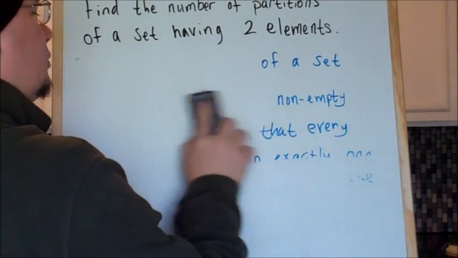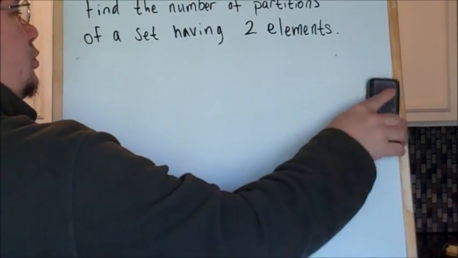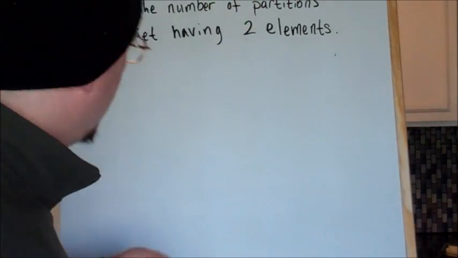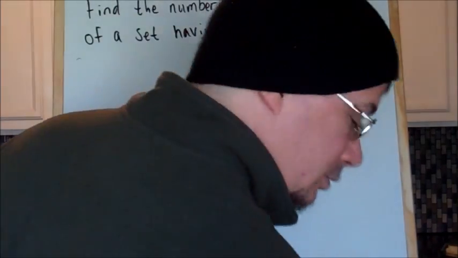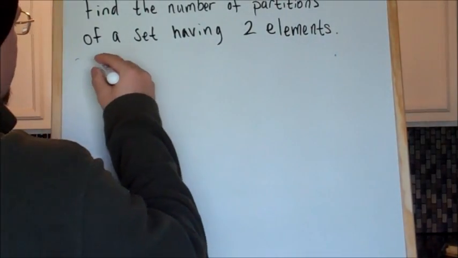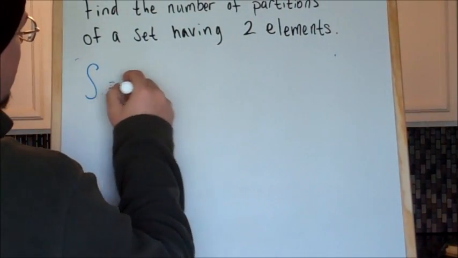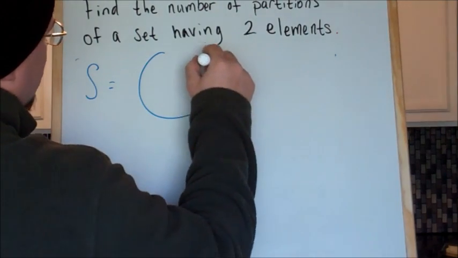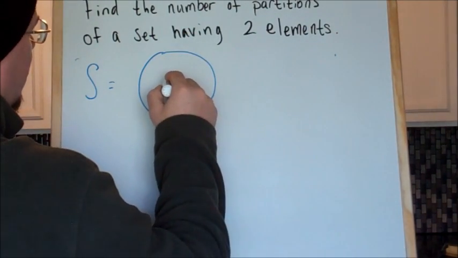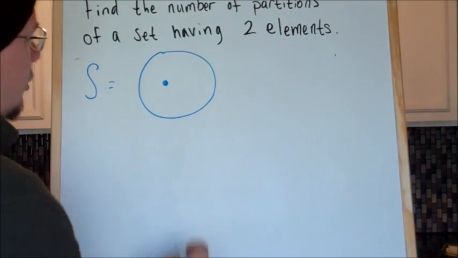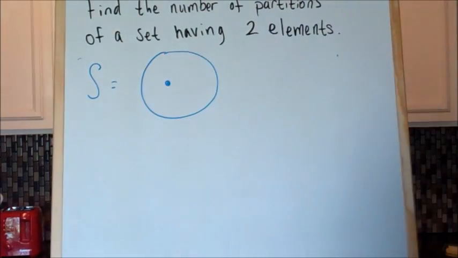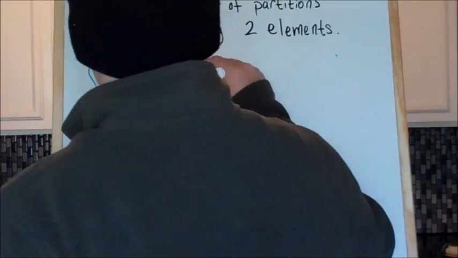So this is purely an abstract model. Let's say I have this set here, S, and it has two elements. It has a blue dot and a black dot.